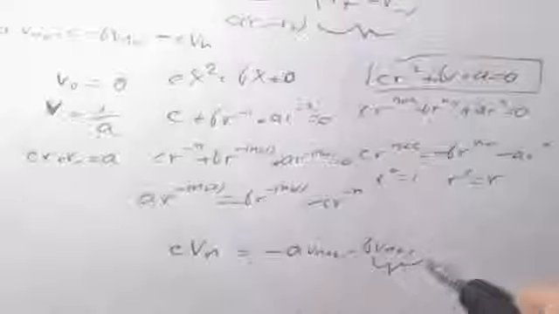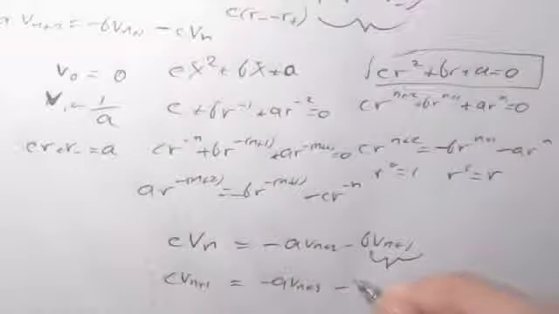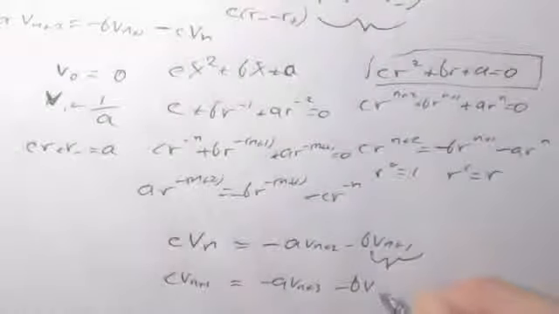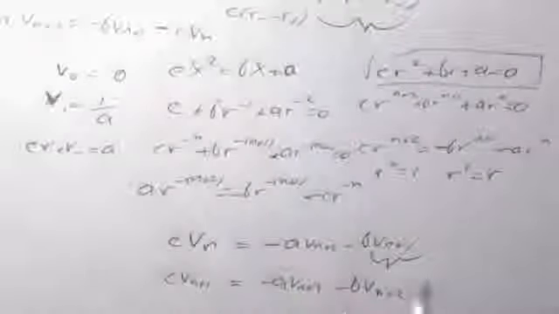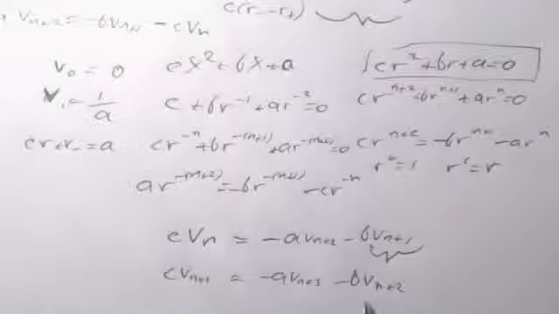And if we then take this vn plus 1 and substitute in the next equation, which is c v n plus 1 equals minus a vn plus 3 minus b vn plus 2, so if we use this equation to write vn plus 1 in terms of vn plus 2 and vn plus 3, we can then express vn in terms of vn plus 2 and vn plus 3.